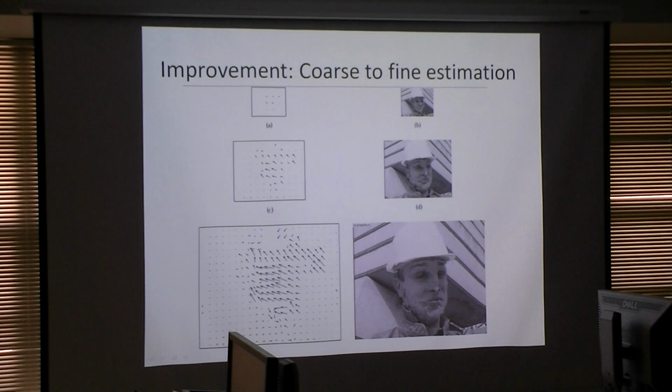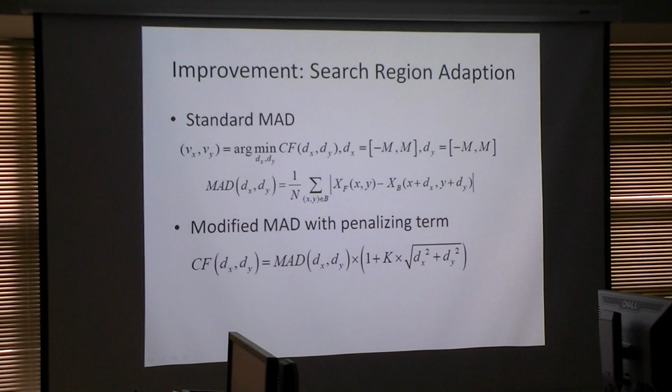What was the K? K is a constant to control the width of the penalty term. If K is very large, then your motion vector cannot move very far. If K is infinity, then you cannot move your motion vector away from the original point. And you just add 1 because maybe dx and dy, both of them would be 0.